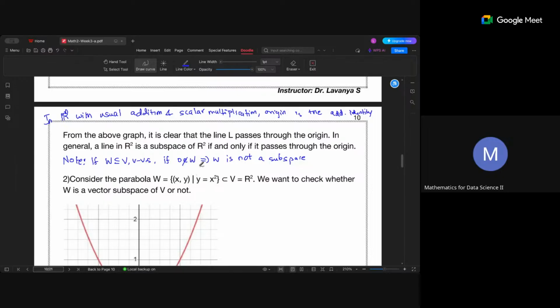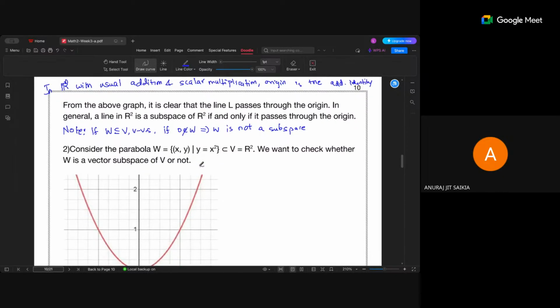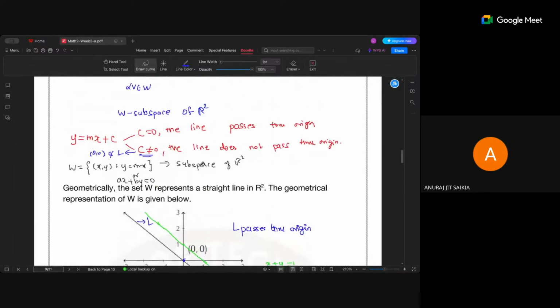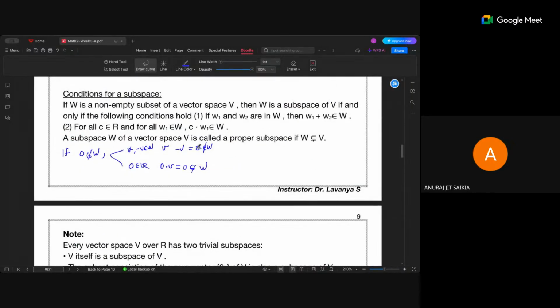For a subspace, we have very simple conditions. Here I am saying these two conditions of the subspace are failing. I did not go back to any axioms.